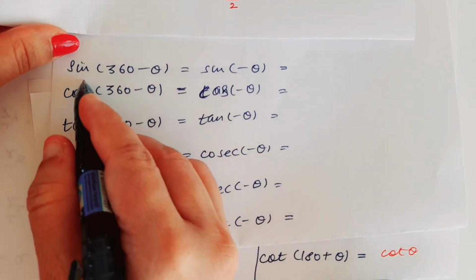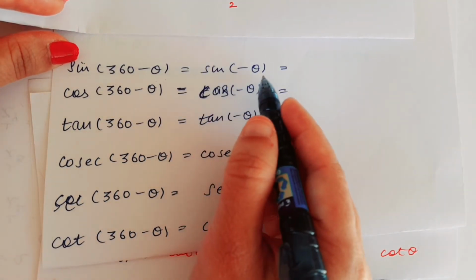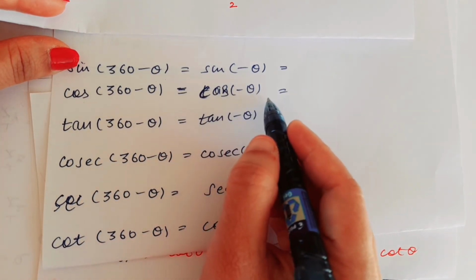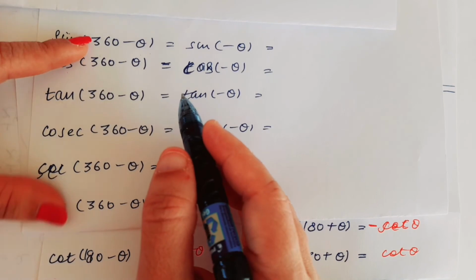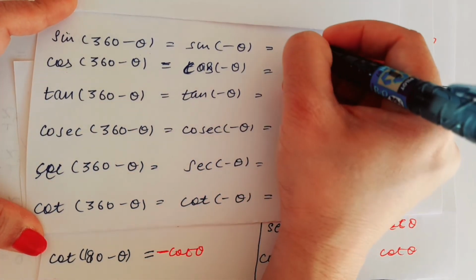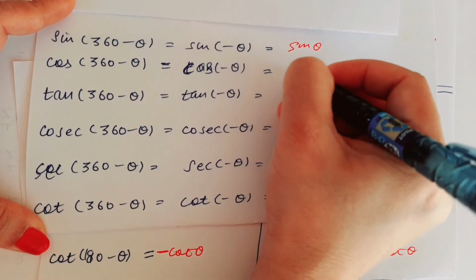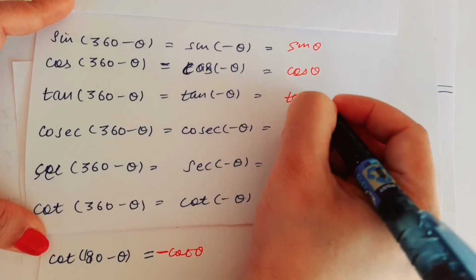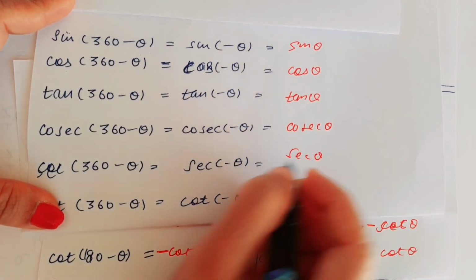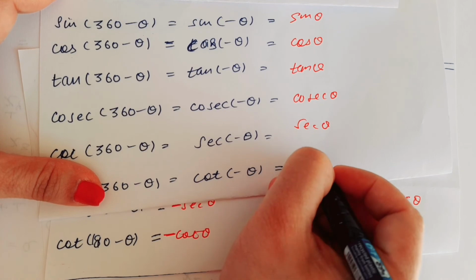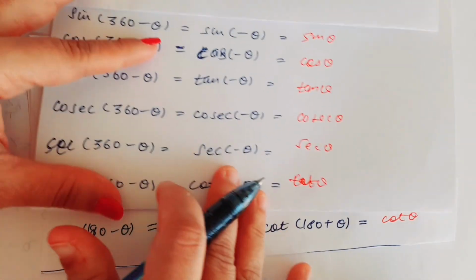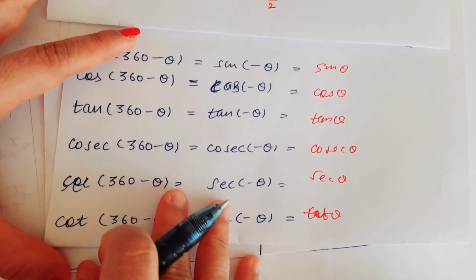So sine of 360 minus theta, or sine of minus theta. Cos of 360 minus theta, or cos of minus theta. And I told you that 360 and 180 do not change the ratios. So this will be sine theta, cos theta, tan theta, cosecant theta, secant theta, and cotangent theta.